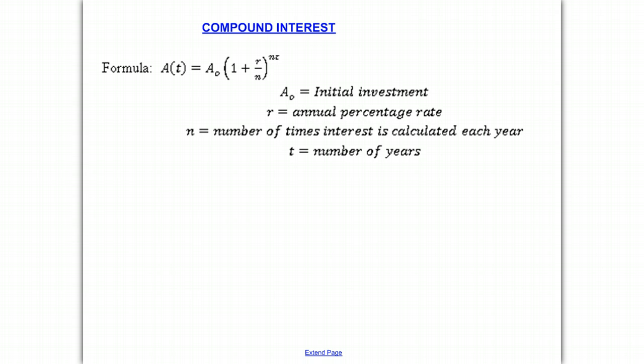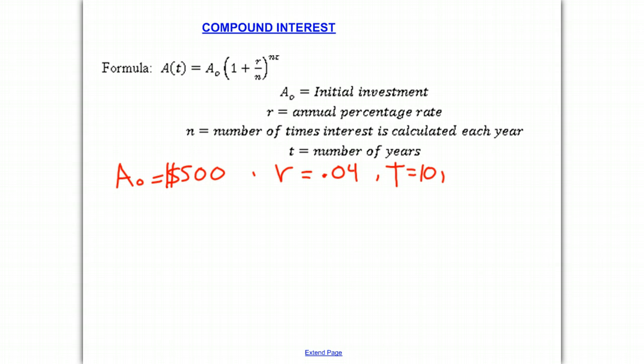Let's give an example. So let's say we have an initial investment of $500. So A sub 0 is equal to 500. And let's say our rate is equal to 4% or 0.04. Let's say we're going to compound this for 10 years, so t is equal to 10 years.